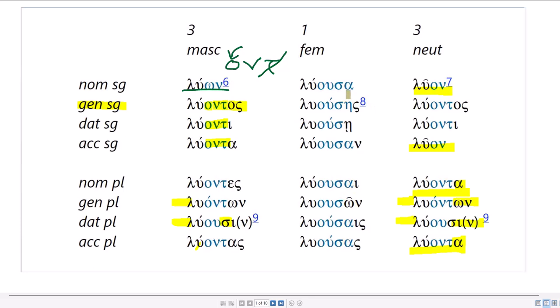So looking at the singulars then, we just have a, as, a, an, a first declension pattern. And then for the plurals, ai, on, ais, as. This is what we typically see in first declension for feminines in the plurals.